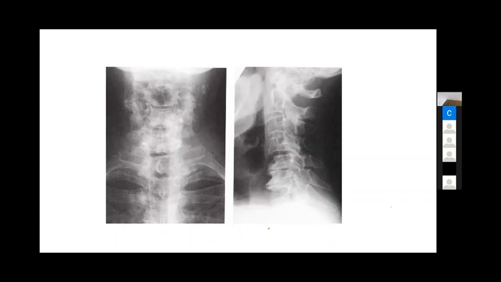What happens to the reflexes? Exaggerated reflexes. And what other signs do you see when you examine them? Apart from that, I would elicit the Hoffman sign, sir. How do you do that?